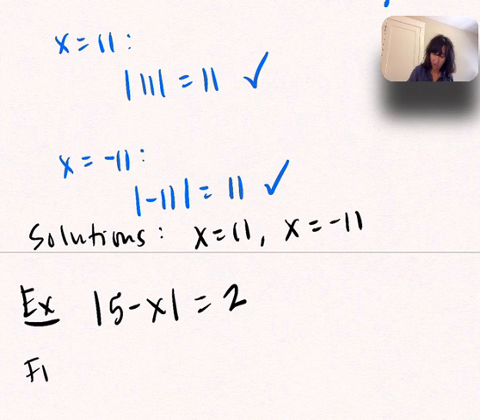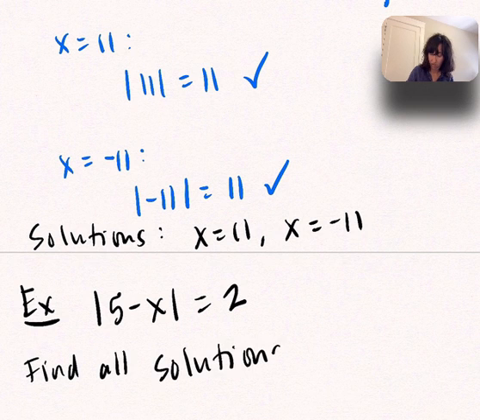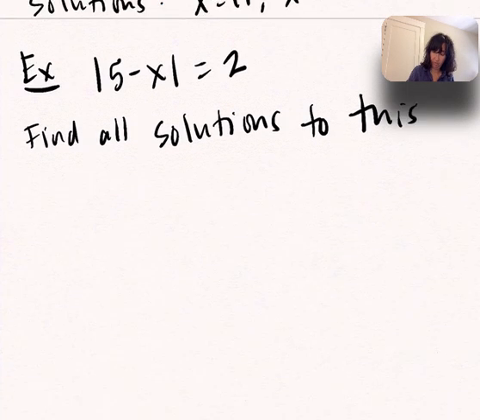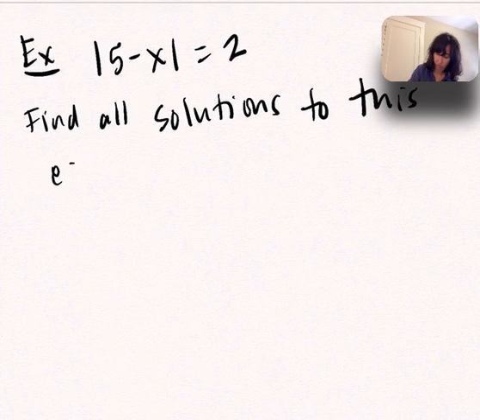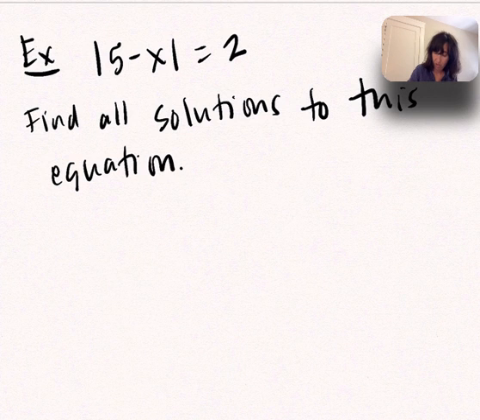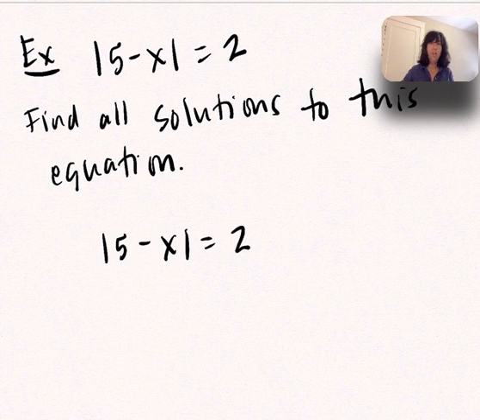Find all solutions to this equation. Okay, now let's think about this. We want to have absolute value of 5 minus x equals 2. Now, what would make this true? In other words, what x's could we plug in here to make this a true statement?